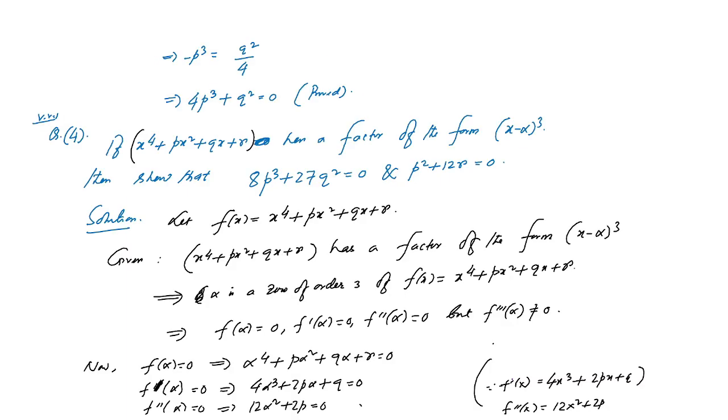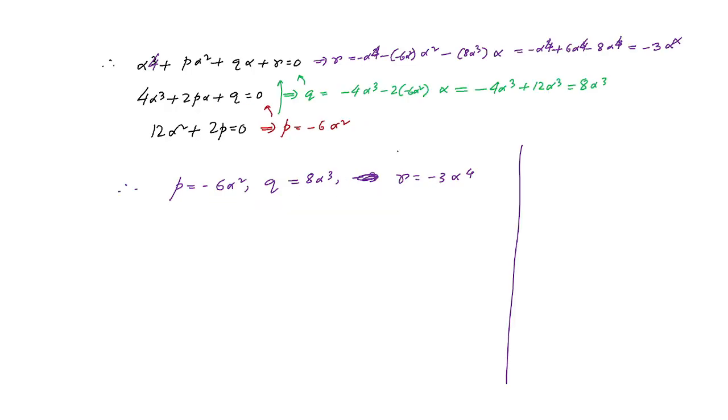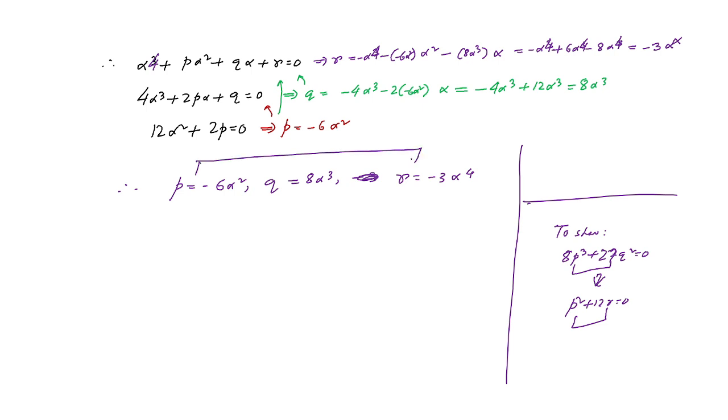In the question, what we have to show is the first and the second result: 8p cube plus 27q square equals 0 and p square plus 12r equals 0. First, p and r are related. Now we'll think about the trick.